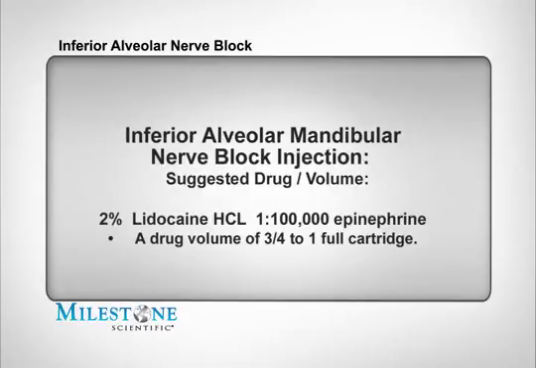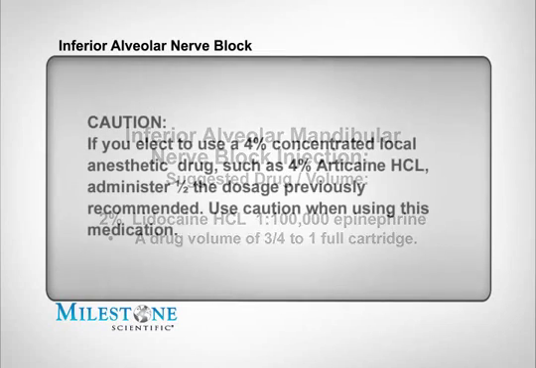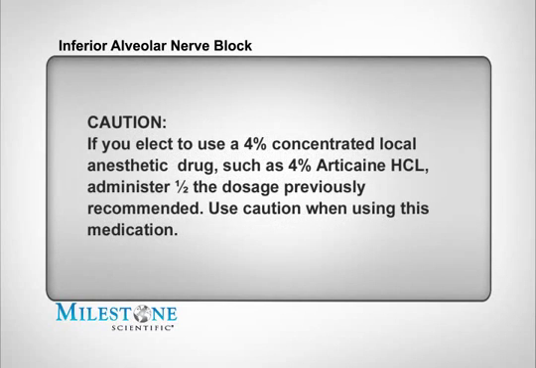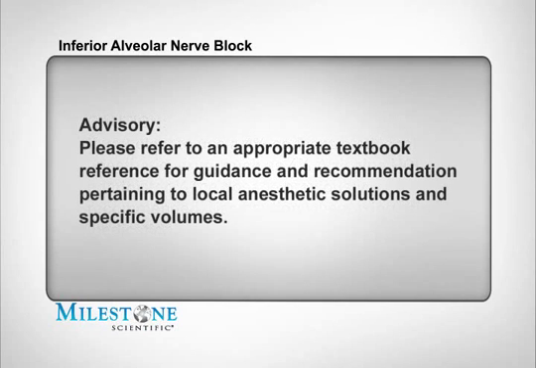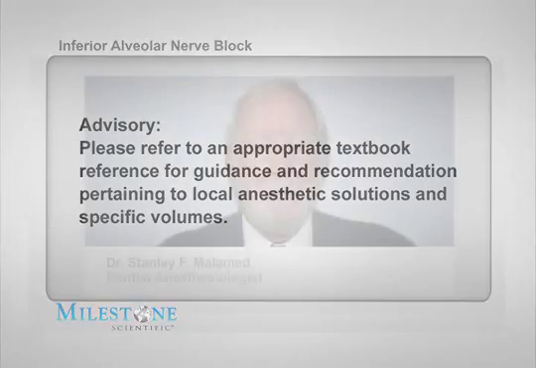A drug volume of 3/4 to 1 full cartridge is the suggested volume when performing the inferior alveolar nerve block. If you elect to use a 4% concentrated local anesthetic drug, such as 4% articaine HCl, use 1/2 the dosage previously suggested and use caution when using these medications. Please refer to an appropriate textbook reference source for guidance and recommendation pertaining to local anesthetic solutions and specific volumes.